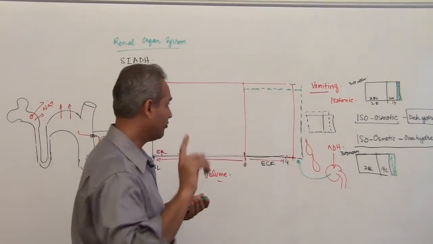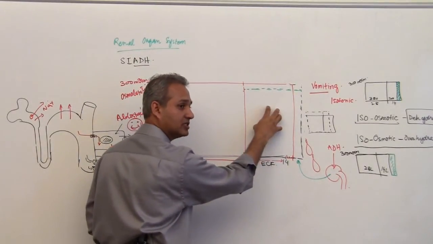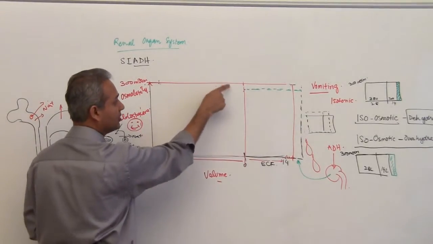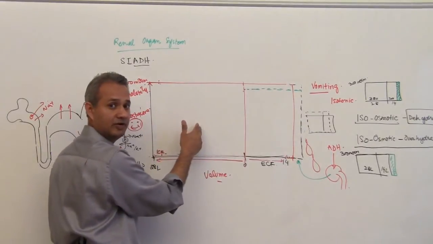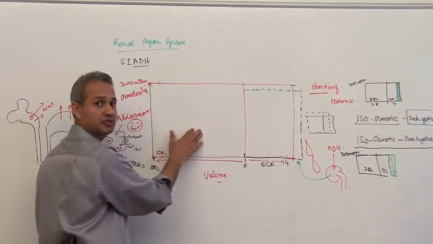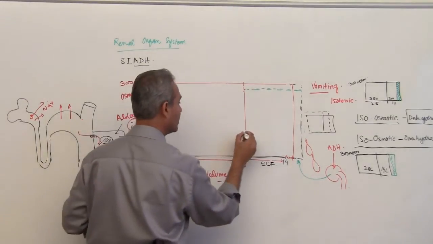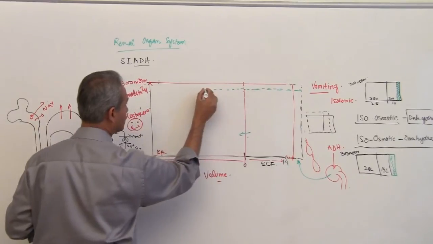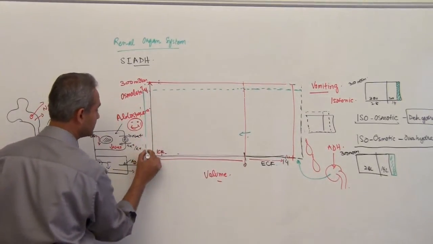Now what? If the solute concentration here is reduced, that means there is more water concentration here as compared to here, because osmolarity in this compartment is more. So water is going to move from here to here, right? From greater concentration to the lower concentration. Correct? So when the water starts moving, the osmolarity is going to start coming down, and this compartment is going to expand.